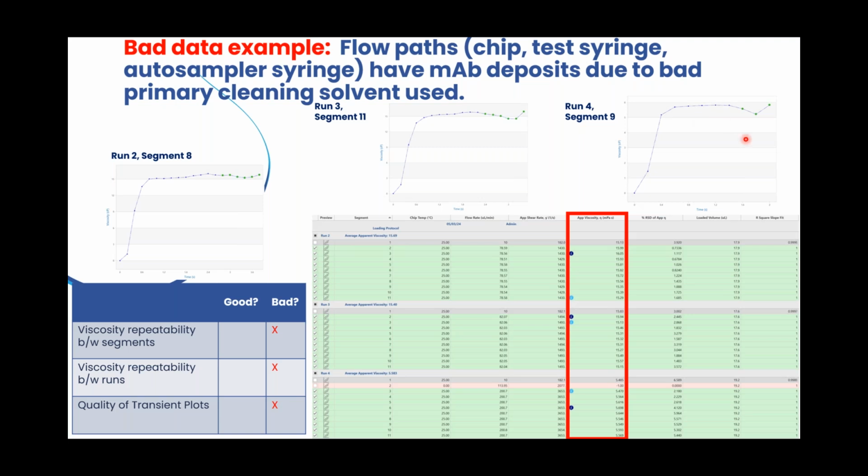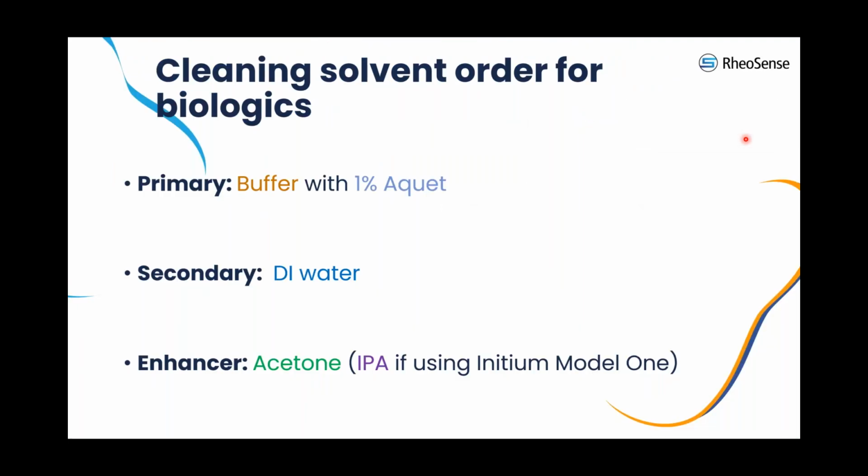So that leads us to the next slide, where we show what we typically recommend for the cleaning solvent for biologic samples, which are very common for our customers to work with. So cleaning in between samples is not always required when you're using an instrument like the Microvisc or the Microvisc Pro.